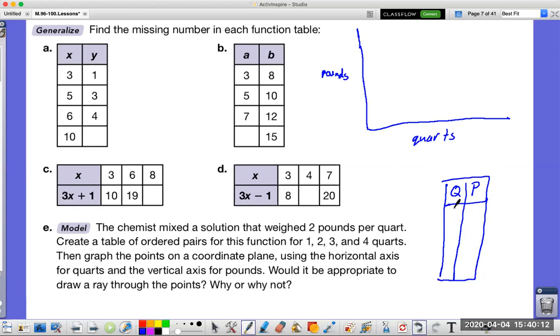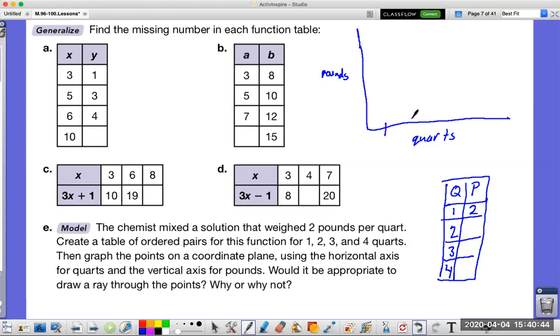And it says I need 1 quart, 2 quarts, 3 quarts, and 4 quarts, respectively. And then it says it weighed 2 pounds per quart. So if we have 1 quart, that means it was 2 pounds.